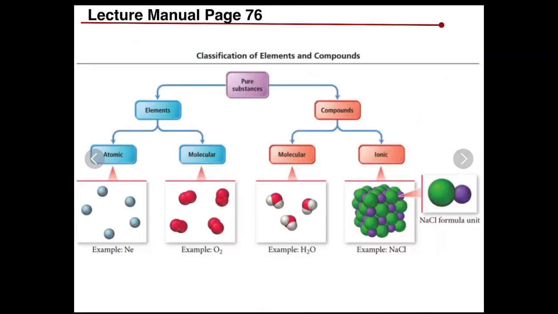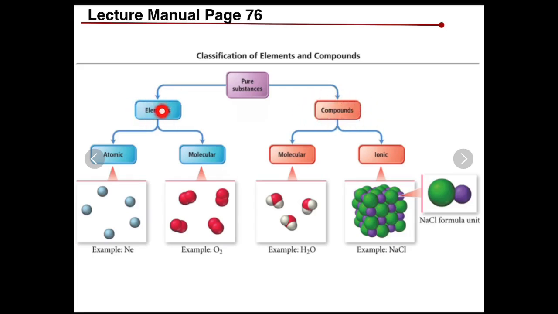Okay, so pretty much what we learned, if you put this in terms of classification of element and compound, you can say that if you have a substance, you can either classify it as an element or as a compound. Element would be the same type of element. Compound would have two or more types of elements.